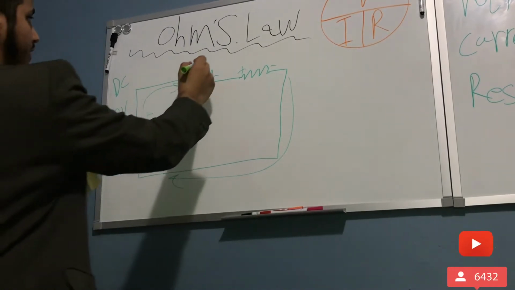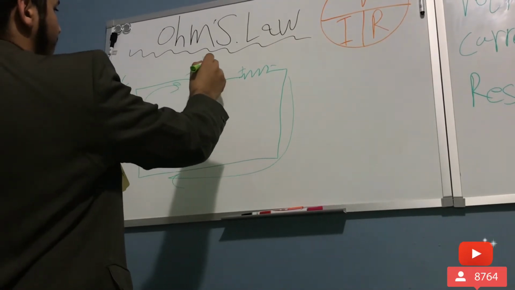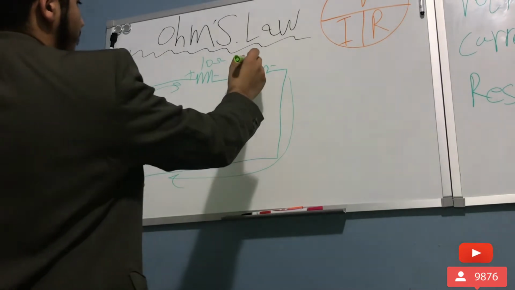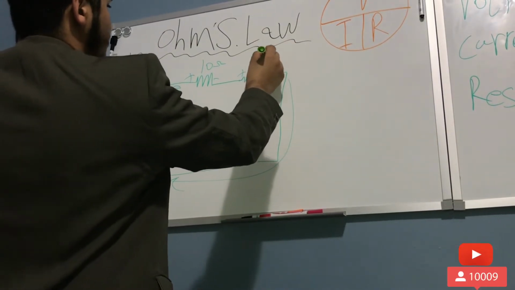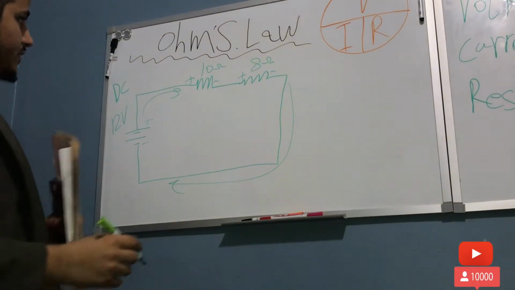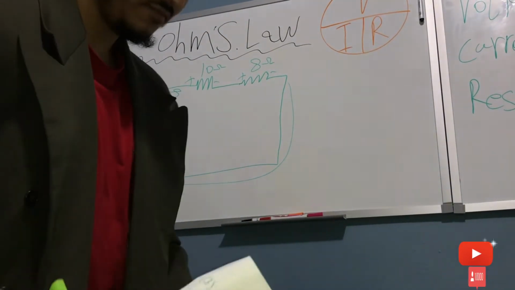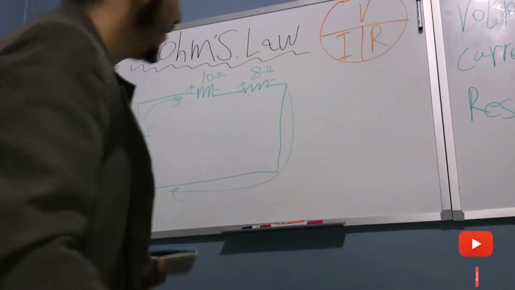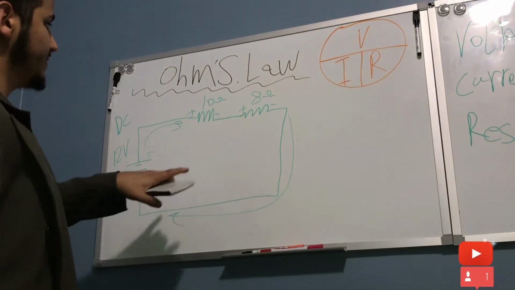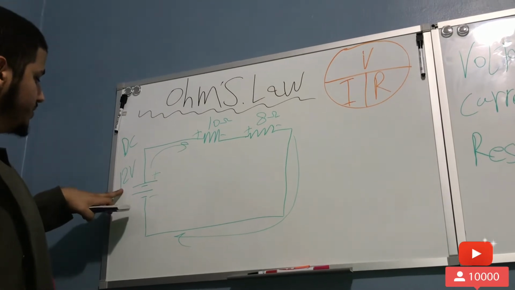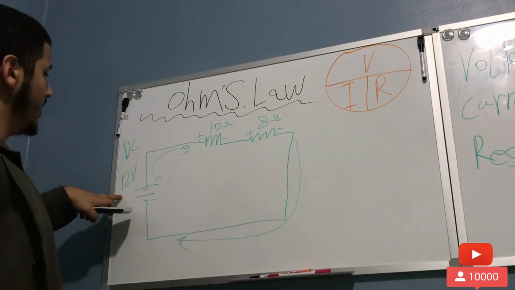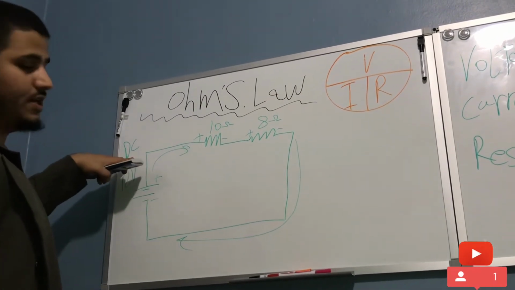And I'm going to put here 10 ohms, and 8 ohms, and 12. Alright, how to solve this one? So I put the 12 volts battery, which is in DC.